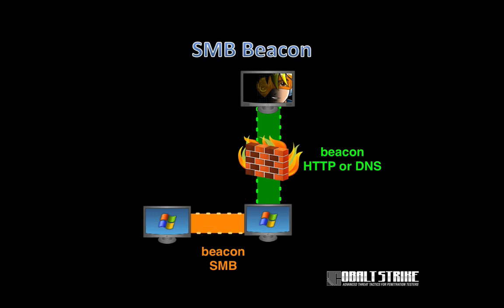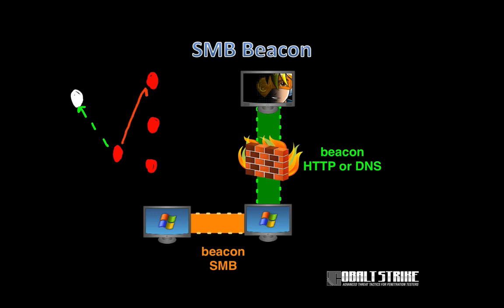One thing that this particular diagram doesn't do justice to is the idea that you can have your team server, and yes, you can have your initial foothold beacon, and that initial foothold beacon is, of course, beaconing out. And that initial foothold beacon can, of course, control multiple child sessions over named pipes.